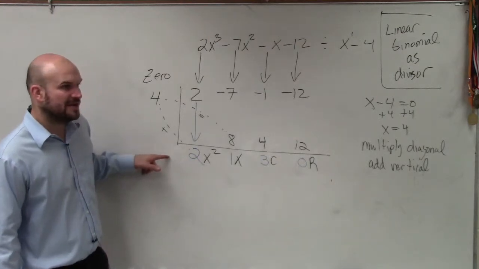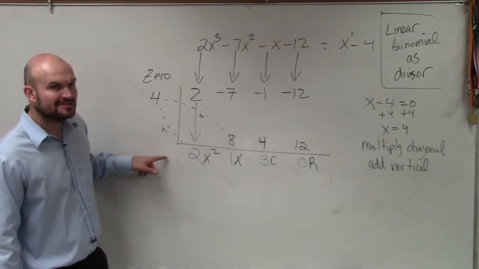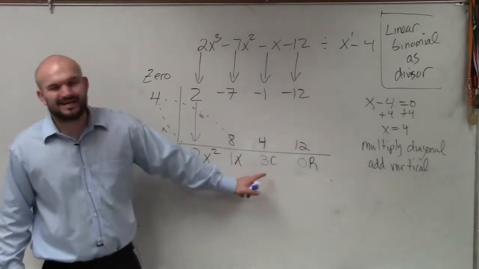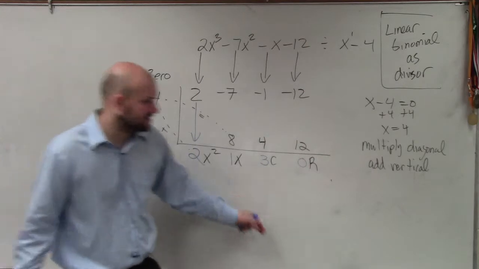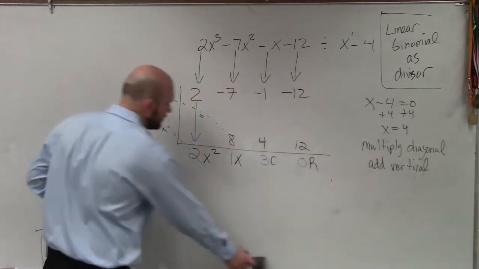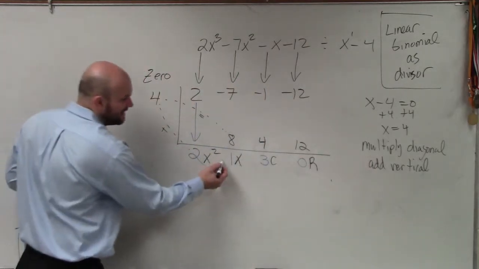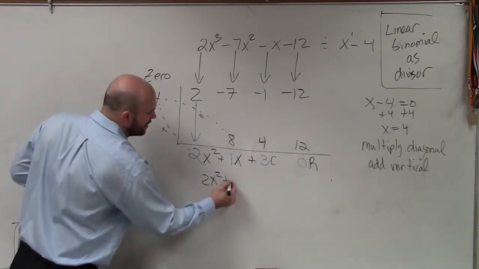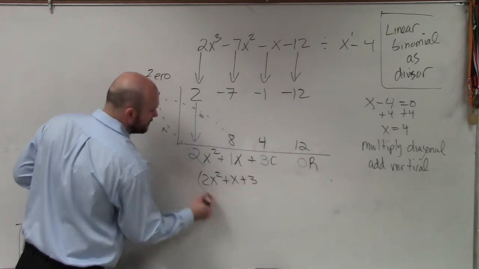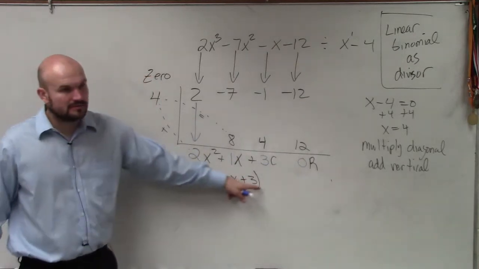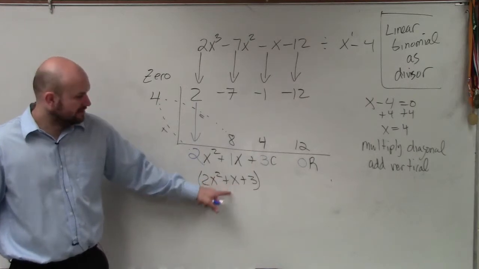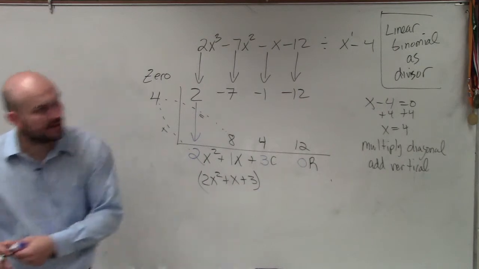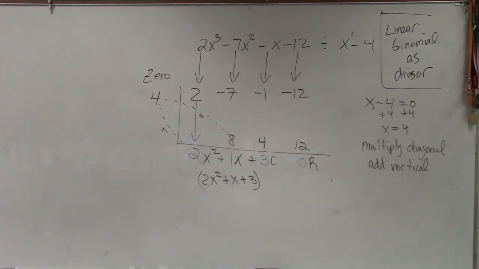What would be the next one if we had 3 of them? It'd be x to the 3rd power, right? You just keep on going in that pattern. Now, guys, we don't write a c there. C just means constant, which just means number. So my answer is 2x squared plus x plus 3. That is my other factor. That's the quotient, which is the same answer we got in the last one, right? Yes? OK.